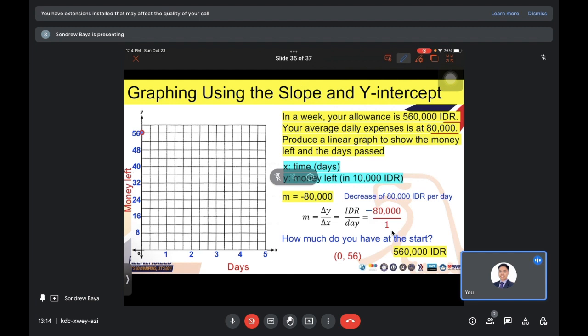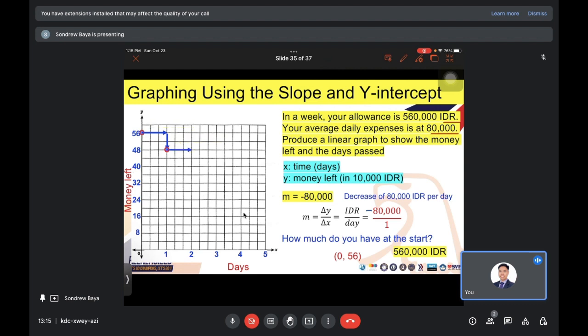In other words, after 1 day, if you try to look at it, I changed my interval. Every three intervals here is equal to 1. So every 1 day, my money decreased by 8 units, or simply 80,000, because it's every 10,000. That's now my second point.